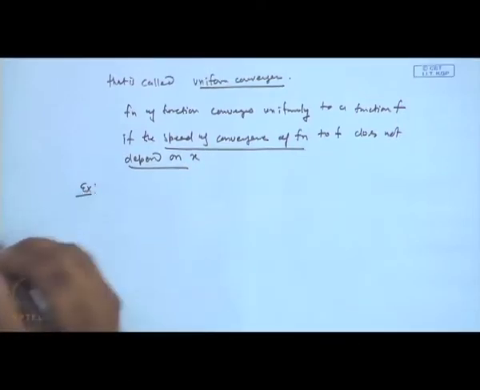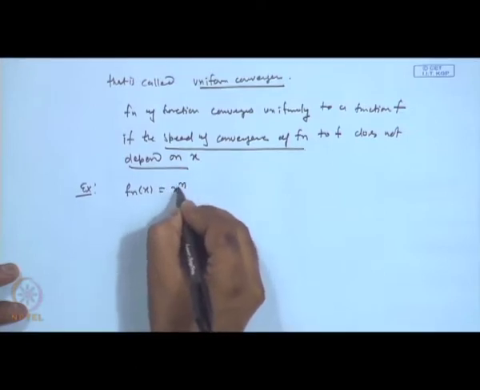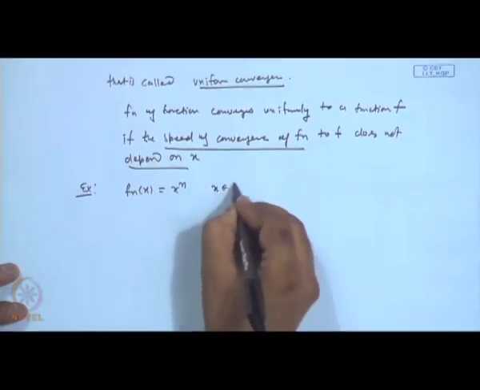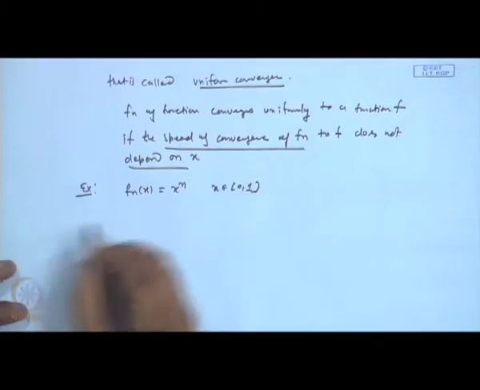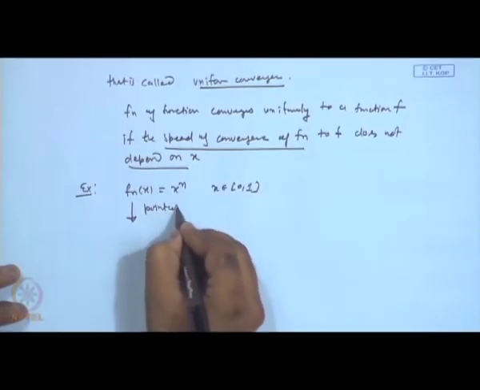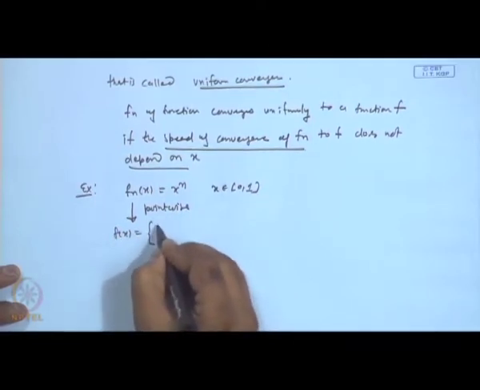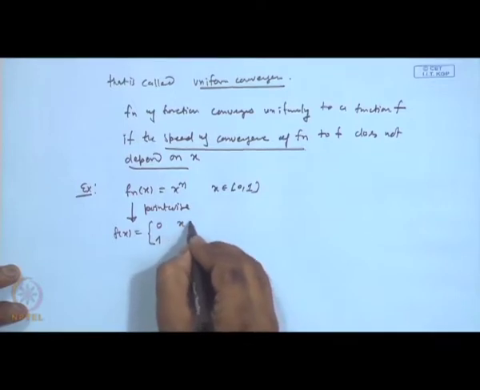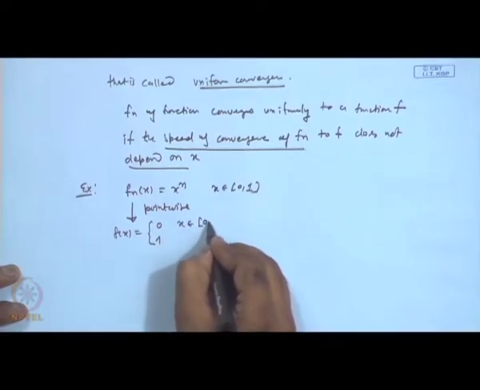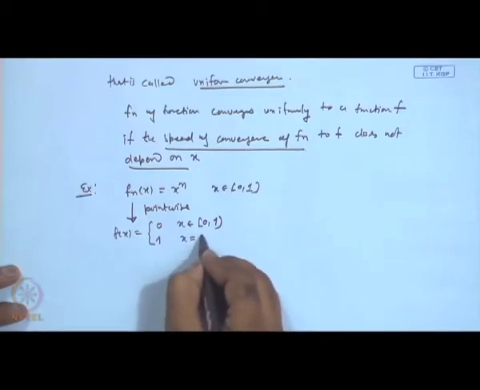Take an example, f_n(x) = x^n, a very standard example, where x is between 0 and 1. This function converges pointwise to a function f(x), which is 0 when x is in the open interval from 0 to 1, and 1 when x is equal to 1.